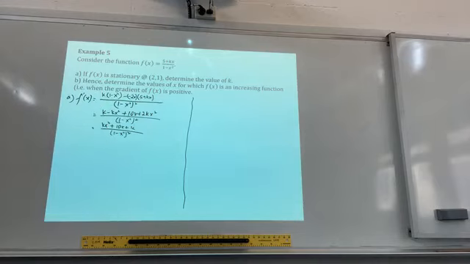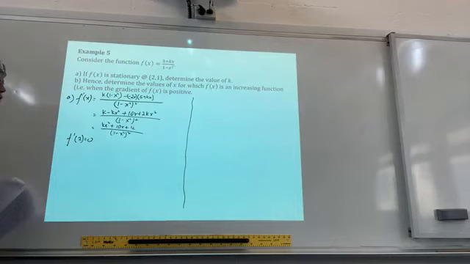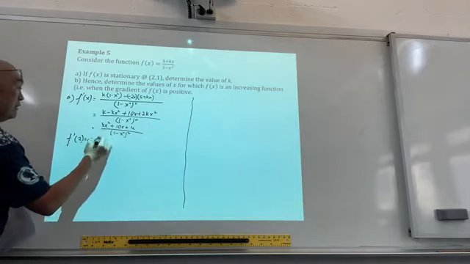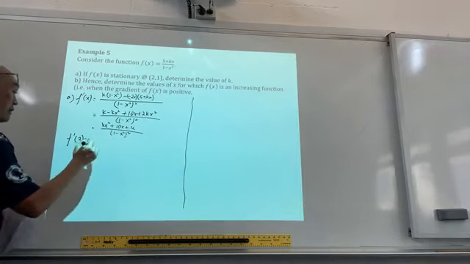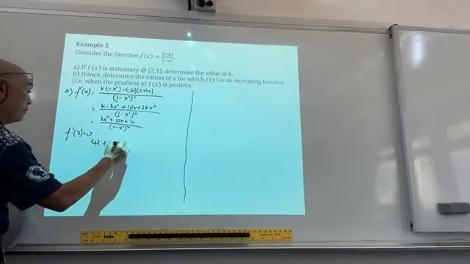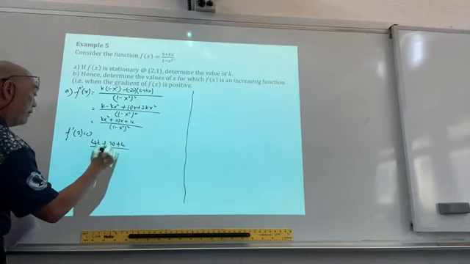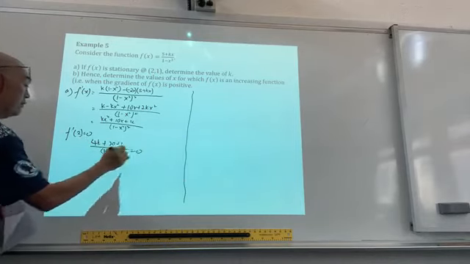So now, we know that f prime of 2 equals 0. You therefore know that, substitute 2 in. So 4k plus 20 plus k, divided by 1 minus 2 squared, equals 0.